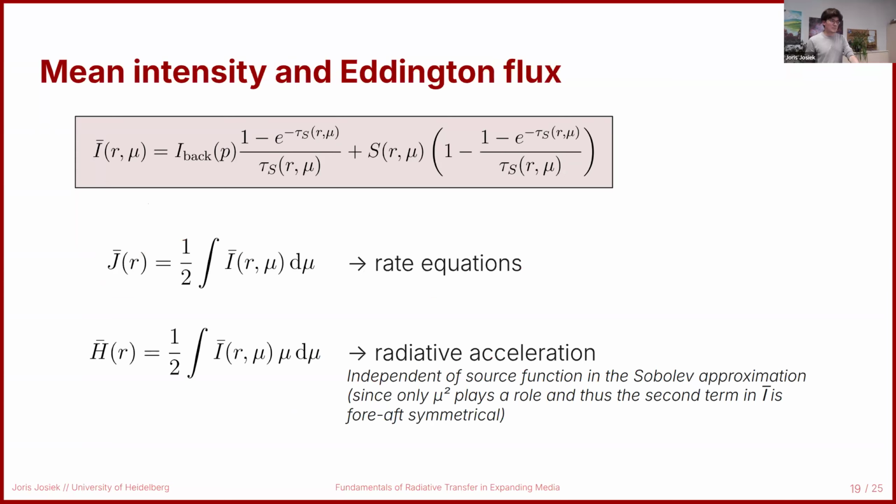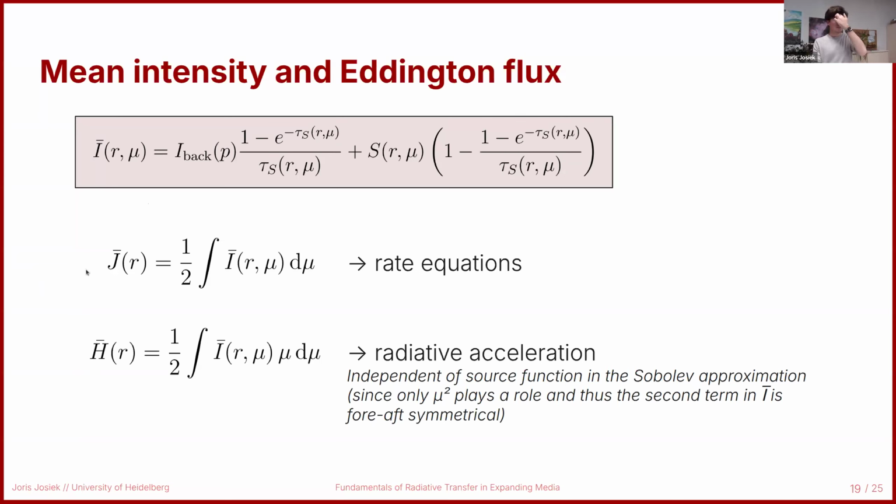We can go on from this. So I mentioned that knowing this profile weighted mean intensity is useful for computing the interaction of radiation with the matter, which is essentially what we try to do in these stellar atmosphere codes. And then we use this to compute two different quantities, J bar and H bar.